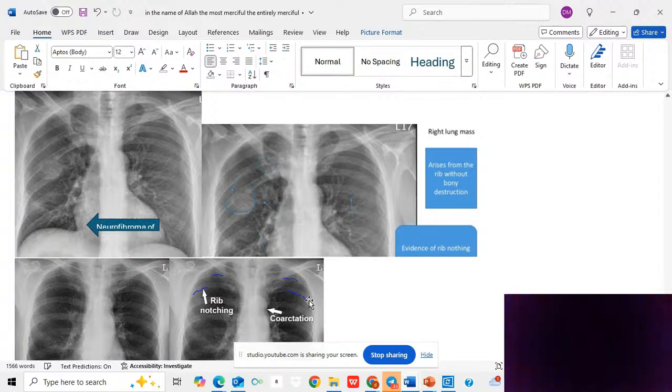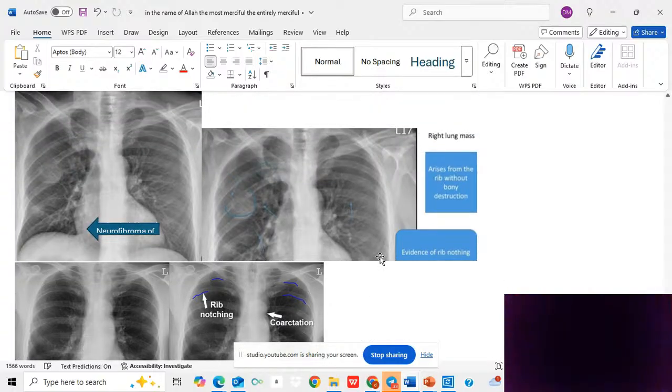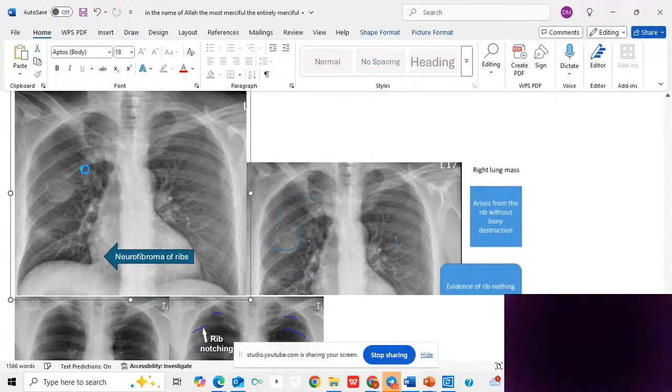Okay, so what you can see here in this case, there are two opacities.